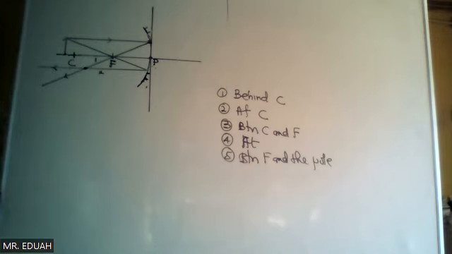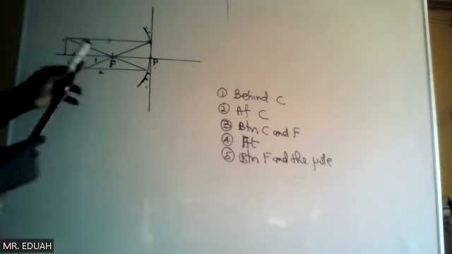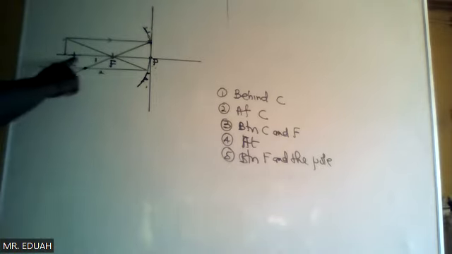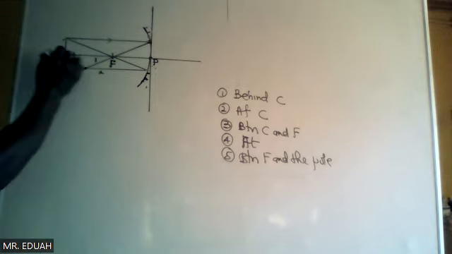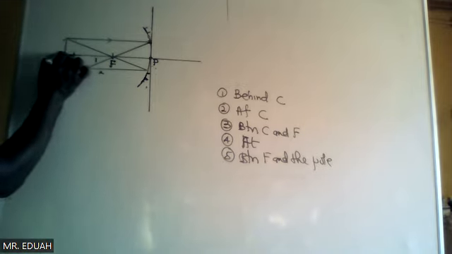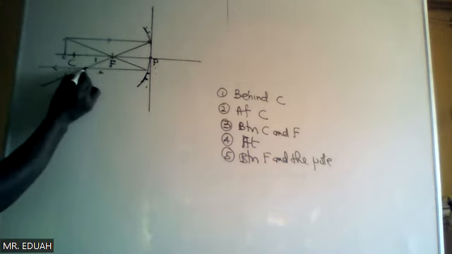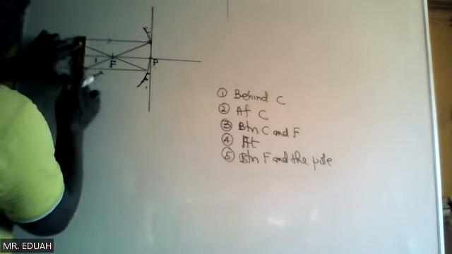So where they meet will be the position of the image. But at this point, where they are meeting will be the head. The foot is always on the principal axis as the object. You should look at the object O. The foot is on the principal axis. And so the foot of this image would also be on the principal axis. But where the reflected rays meet will be the head.